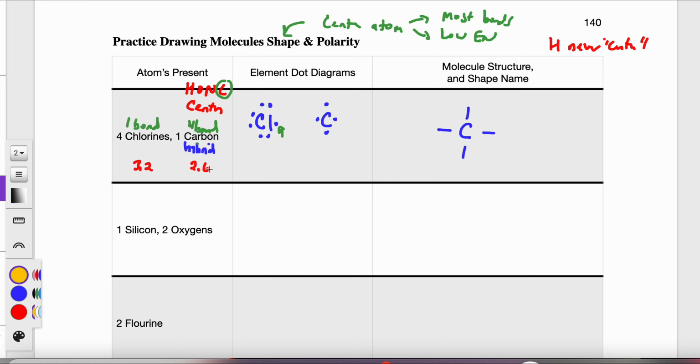Electron-wise, this chlorine's only single electron can only pair up with this 1 electron from the carbon. They form their bonds. So I'm going to put it right here. So here is my chlorine, and then it keeps its 3 electron pairs for itself. So I have my first of 4 chlorines. Now I add another chlorine.